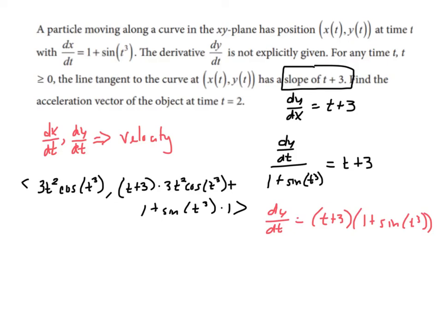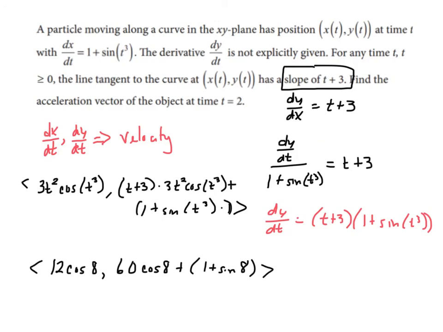So this is my acceleration piece, and then I would plug in 2, because it's asking for the acceleration vector at time 2. So I would have 3 times 2 squared, so 12 times the cosine of 8. And then 2 plus 3, so I'd have 5 times 12, 60 cosine of 8, plus 1 plus the sine of 8. I could certainly do some simplifying of that, but that's my acceleration vector.